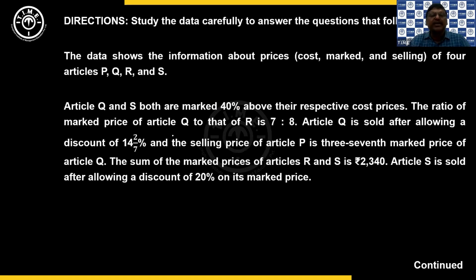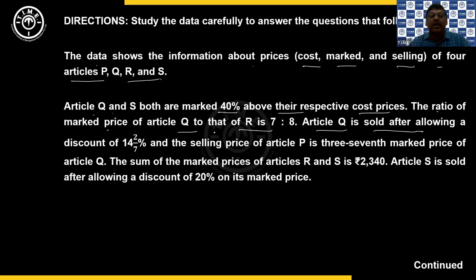Then we'll come to the final set, which is a really tricky one, students. The data shows the information about the prices, cost, market and selling price of 4 articles PQRS. Articles Q and S both are marked 40% above the respective cost prices. The ratio of the market price of article Q to R is 7:8.